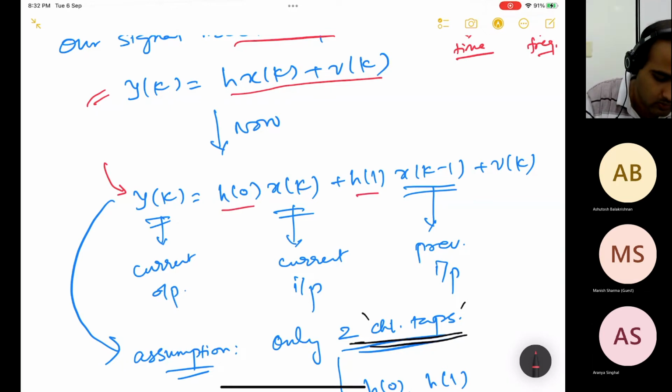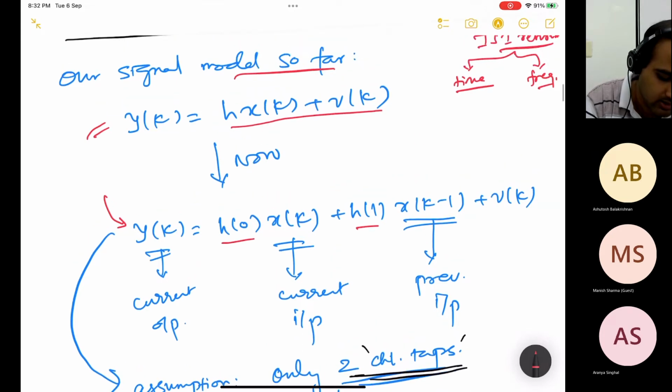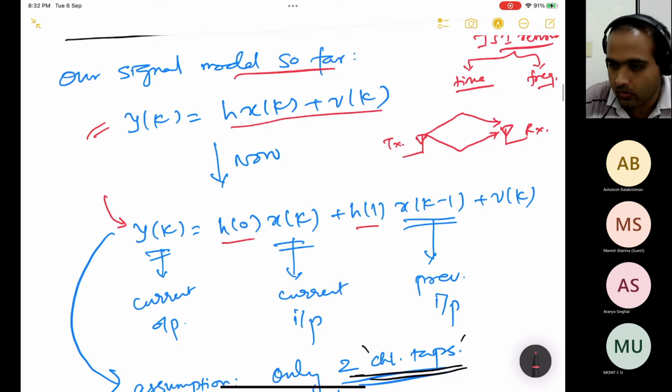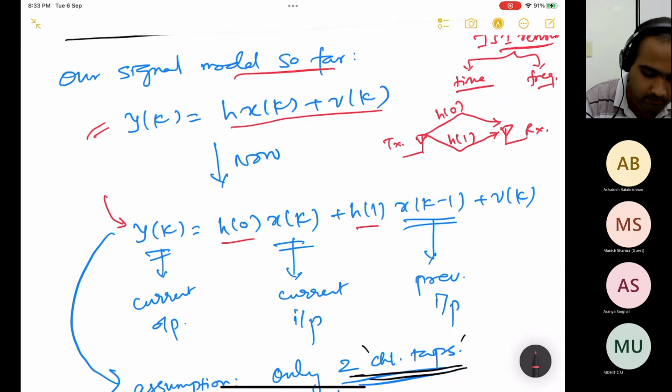Say you have a transmitter and a receiver, and there are two paths to reach the receiver, with CSI H0 and H1.